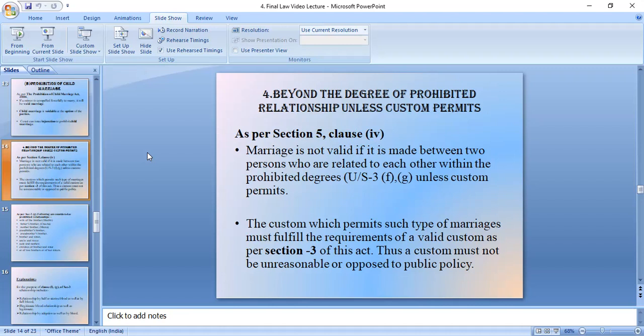According to Section 3, subclause 4G, unless custom permits. The custom which permits such type of marriages must fulfill the requirements of a valid custom as per Section 3 of this Act. Thus, a custom must not be unreasonable or opposed to public policy.